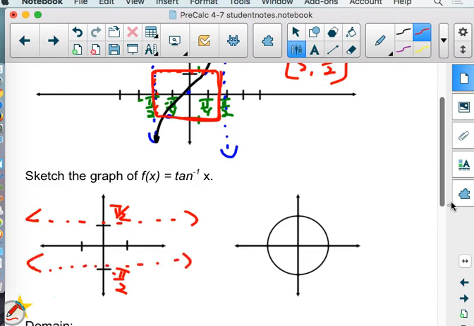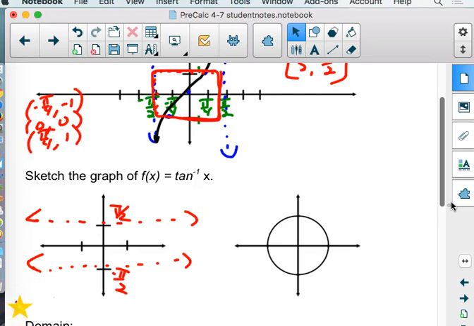And then flip those lovely points that we had, which would have been our negative pi over 4, negative 1, 0, 0 is not going to go anywhere. And then we had pi over 4, positive 1. So we reverse all those for inverses.